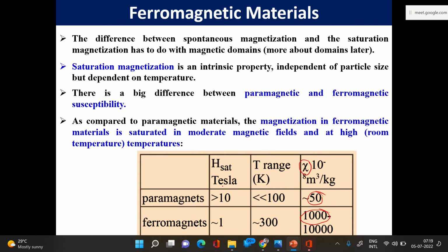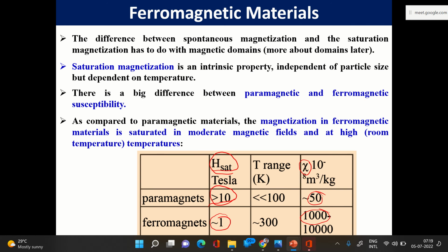And the other difference that you see is at what value of externally applied field you achieve saturation magnetization. Ferromagnets saturate at around 1 Tesla, whereas paramagnetic material will not saturate at the same scale. It will require at least 10 times or more the magnetic field as compared to a ferromagnet.